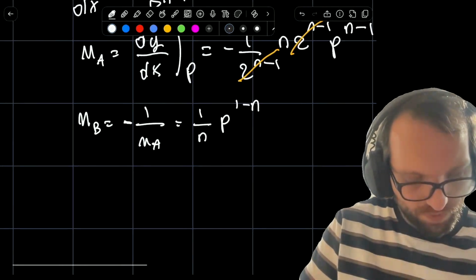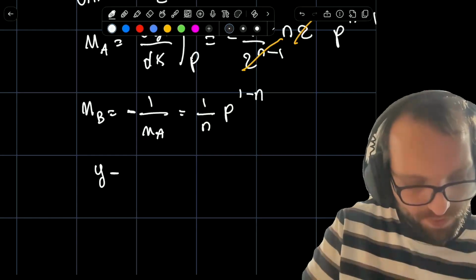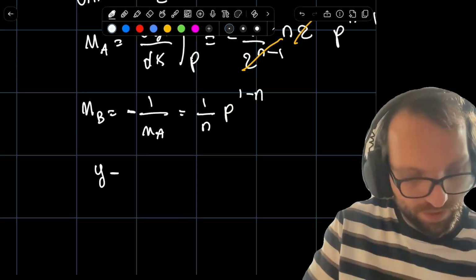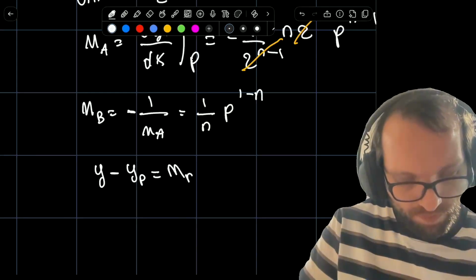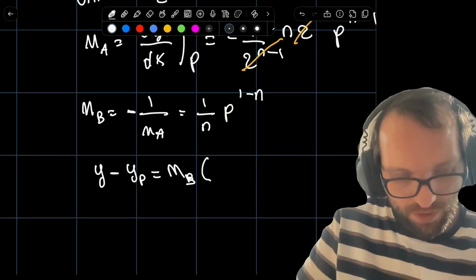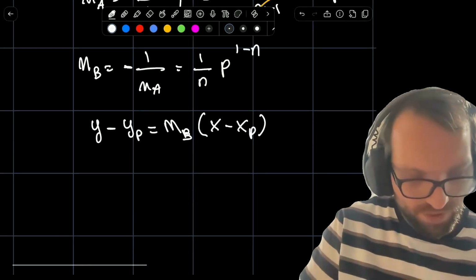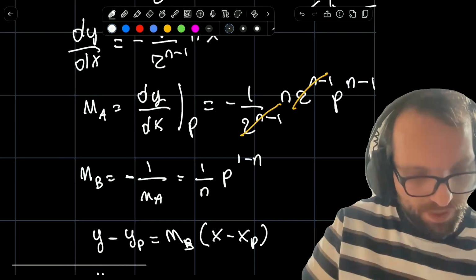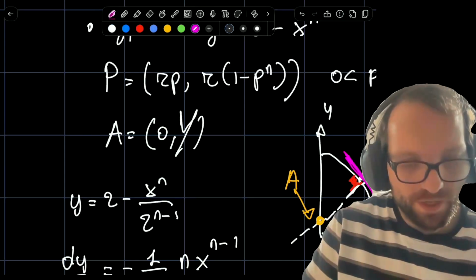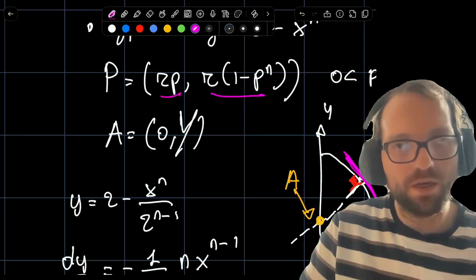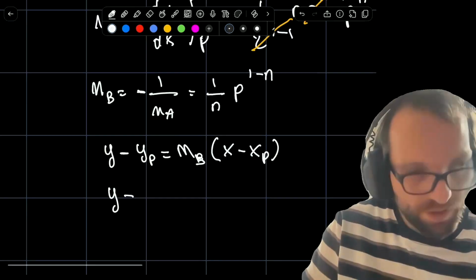So the equation of the normal is y minus yp equals MB times x minus xp. yp is r multiplied by 1 minus p^n, and xp is r multiplied by p.